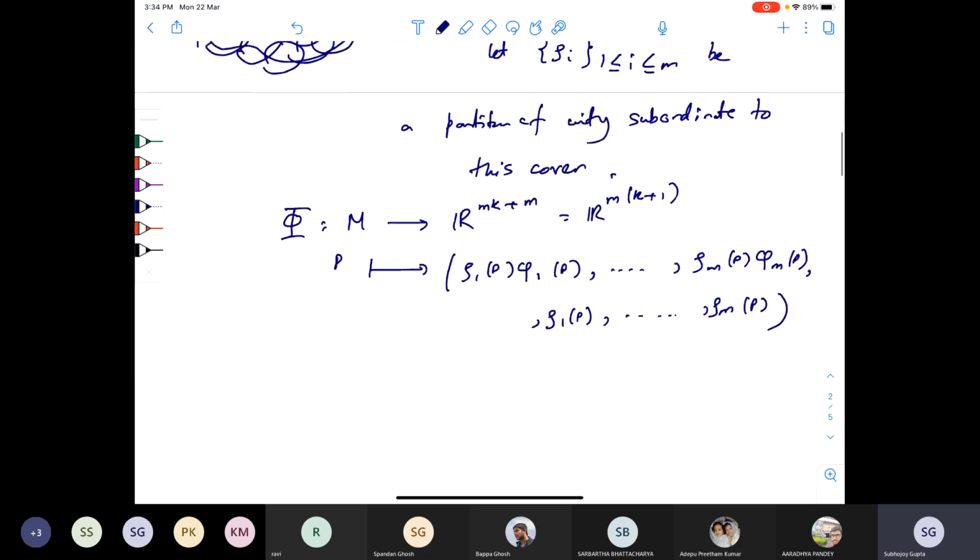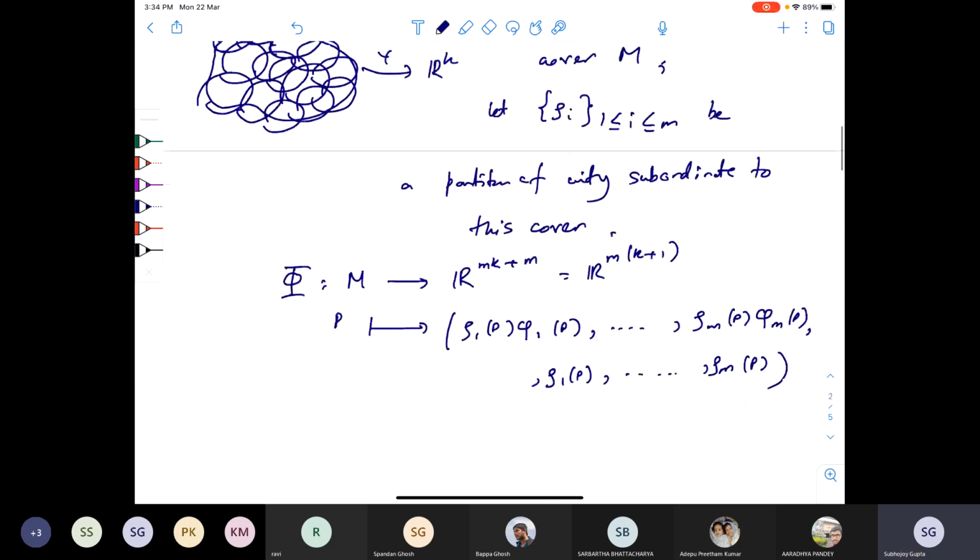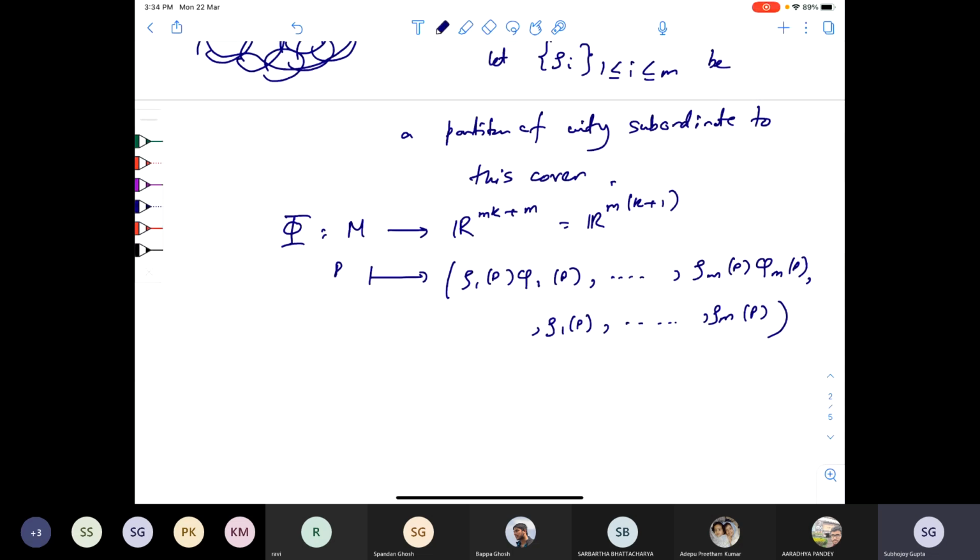Okay, so this is a map, and I claim that this is the embedding that I wanted into some R^n. Right now this is the dimension of that big R^n that we can get.